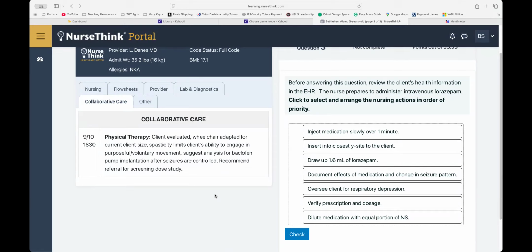Why might they have made that suggestion? What would that baclofen pump do for him? Would it be able to just give it to him as needed?